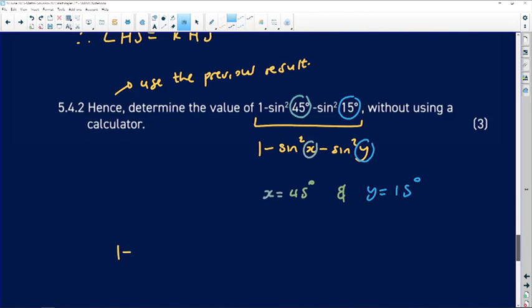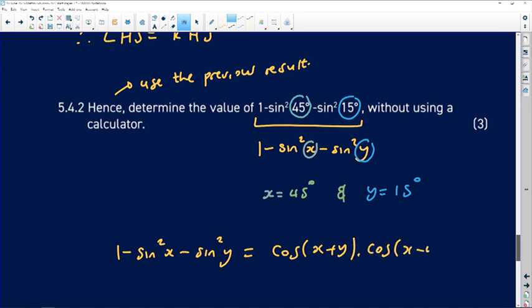So I'll say that here equals the other left-hand side part. So 1 minus sine squared x minus sine squared y equals cos(x + y), and then cos(x - y) after, according to what was given to us, the original expression. It was cos(x + y) times cos(x - y).